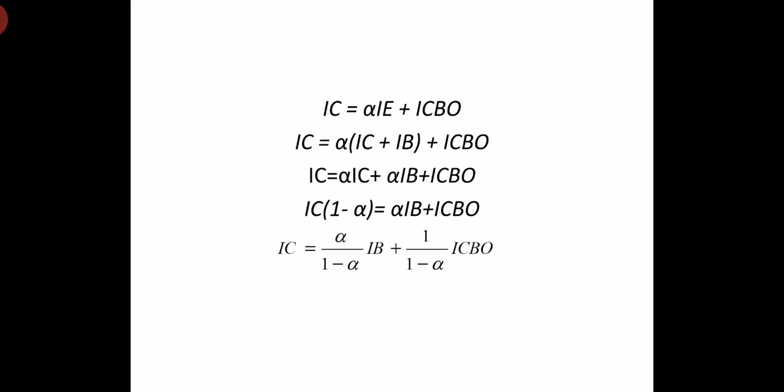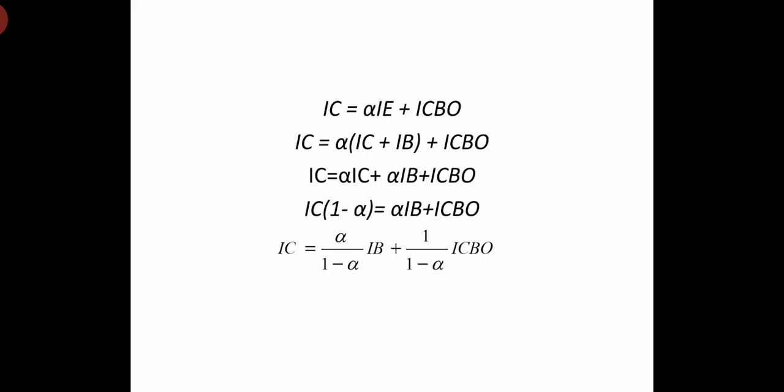ICB naught is very, very small, as it is due to minority charge carriers. But even though ICB naught is very small, it is multiplied by the term 1 by 1 minus alpha. So the collector current IC has some value even if IB equal to 0.